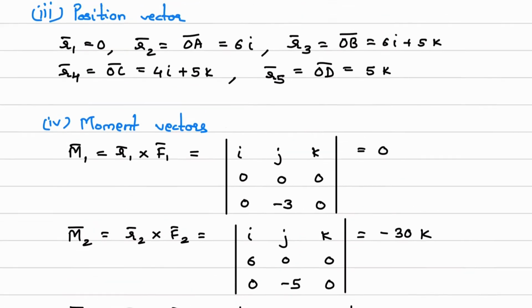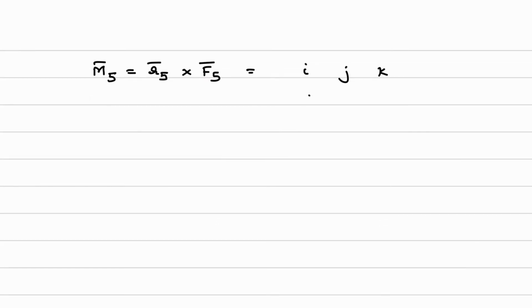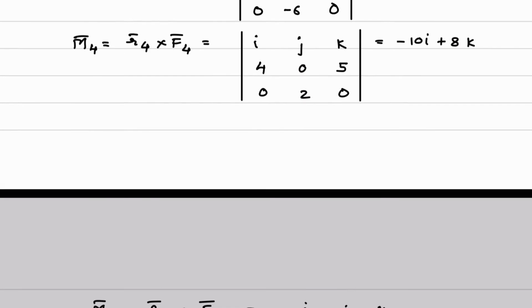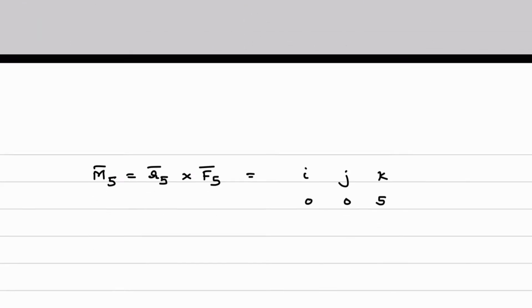So moment vector 5 will be position vector into force vector. Position vector 5k is there, and force vector minus 7j is there.